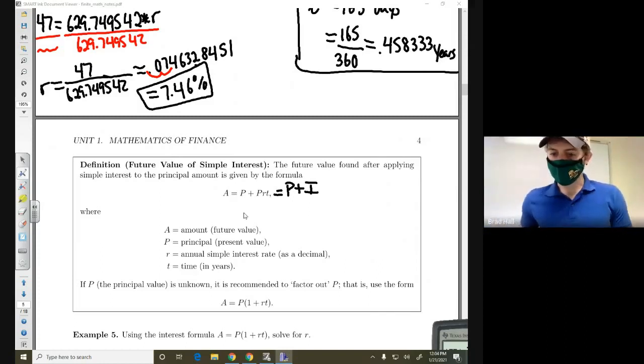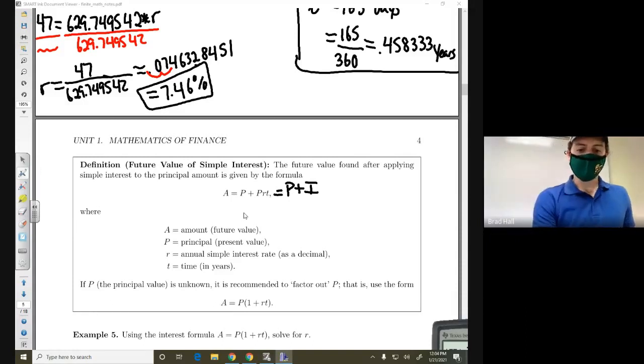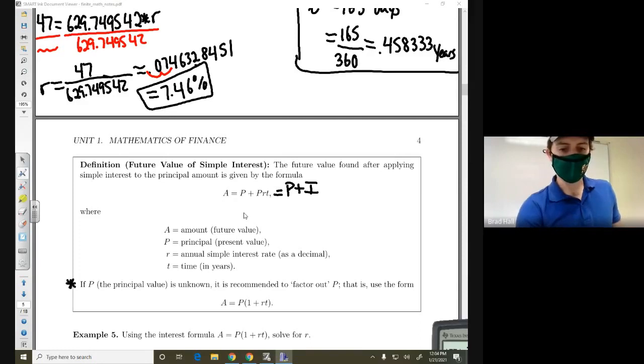And the only new formula we have, so we lose I in the formula, but we add an A. An A just means the future value. Everything else stays the same. Now you may notice this footnote I have at the bottom.